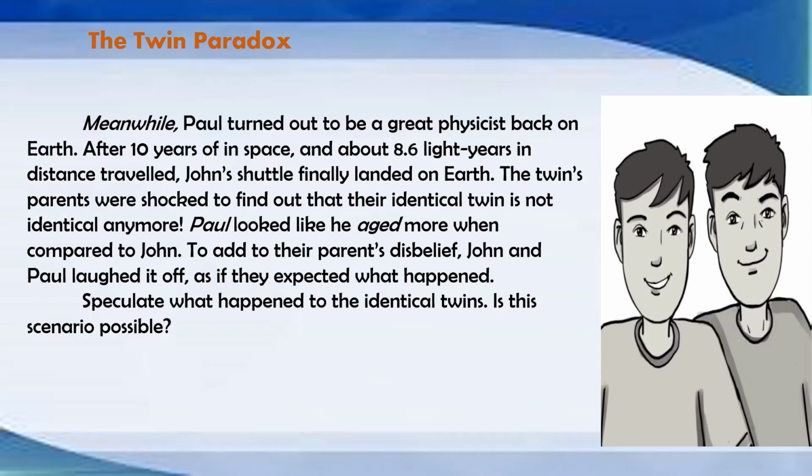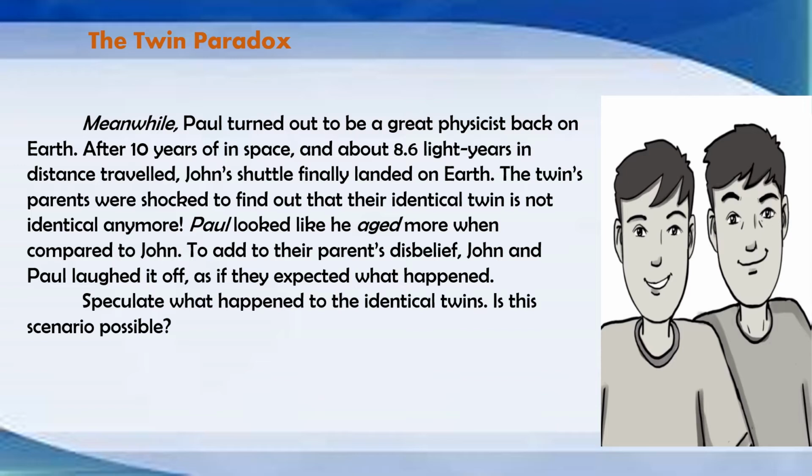Meanwhile, Paul turned out to be a great physicist back on Earth. After 10 years in space and about 8.6 light years in distance traveled, John's shuttle finally landed on Earth. The twins' parents were shocked to find out that their identical twins were not identical anymore.